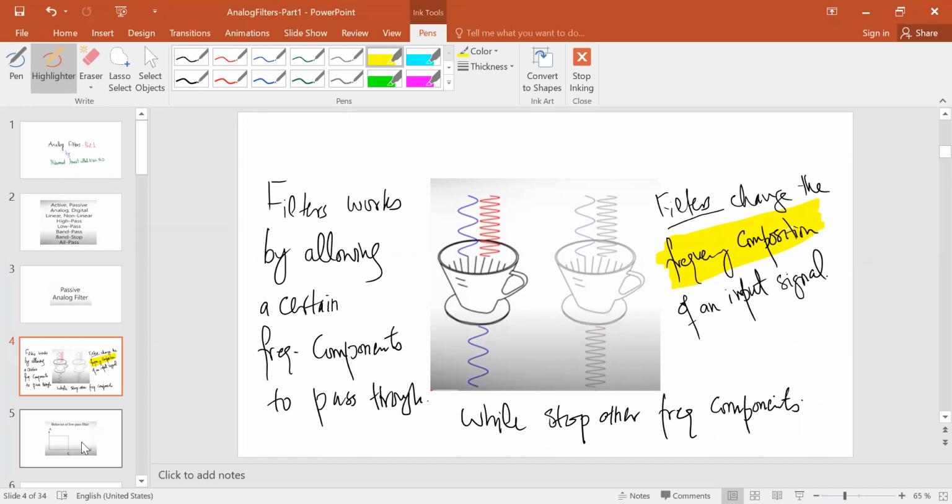In this way, we can clean up a signal. So keep in mind that filters basically work by allowing and stopping frequency components. That's why one natural way of looking at a filter is that we design them in the frequency domain, whereas we apply them using convolution in the time domain.